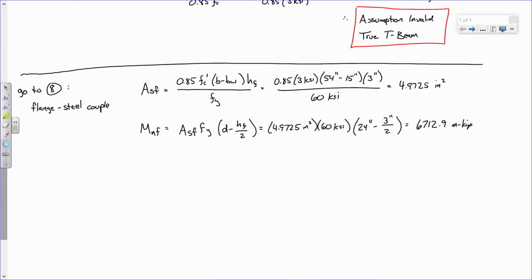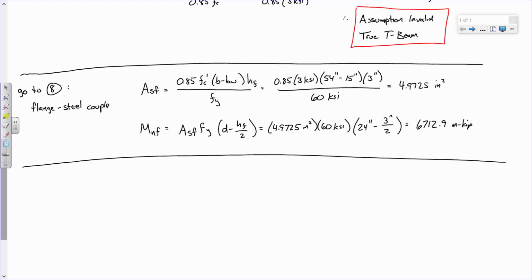Okay. Here's why we did what we did. So we know we're dealing with a true T-beam. So what we do is we say, all right, I'm going to compute these values first. Because look at ASF: you have FC prime, you have B, you have BW, you have HF, you have FY. None of those are a function of how much steel we have in the beam.